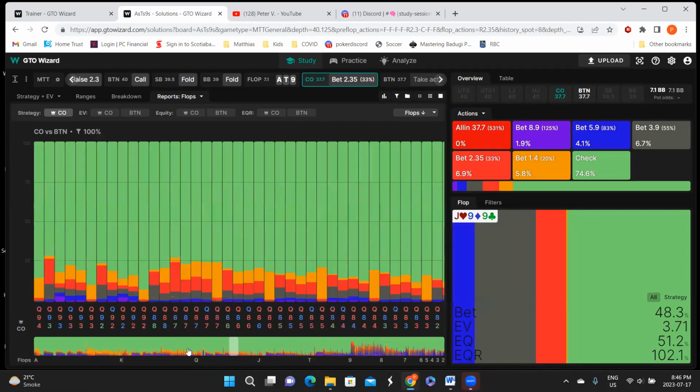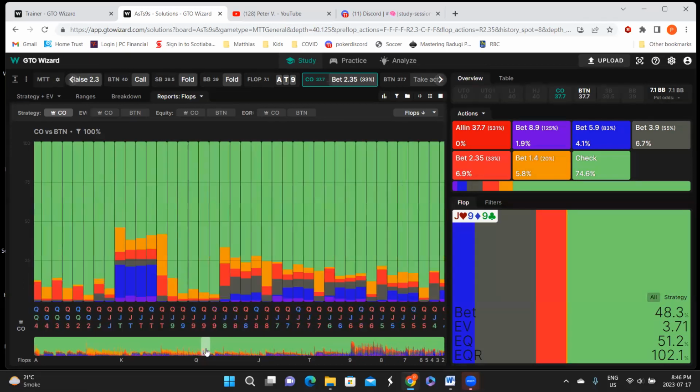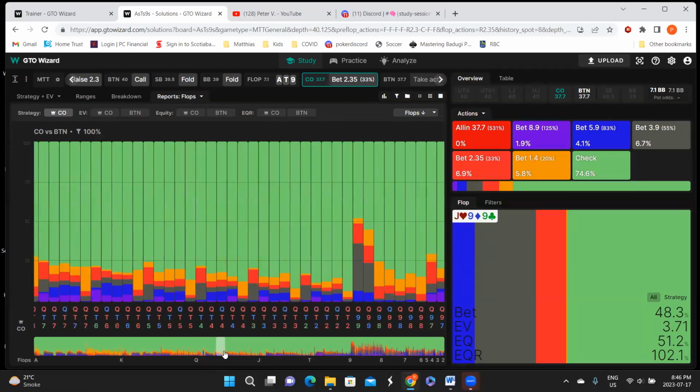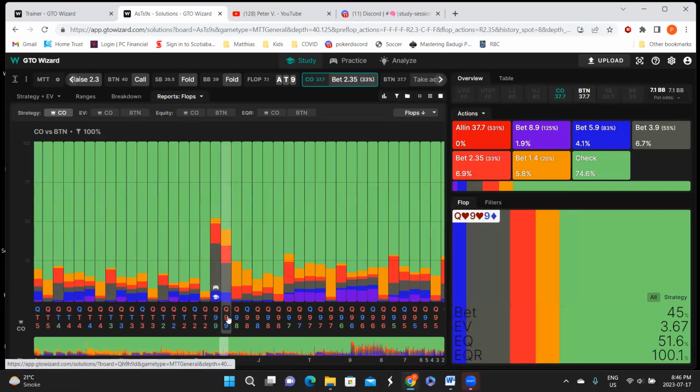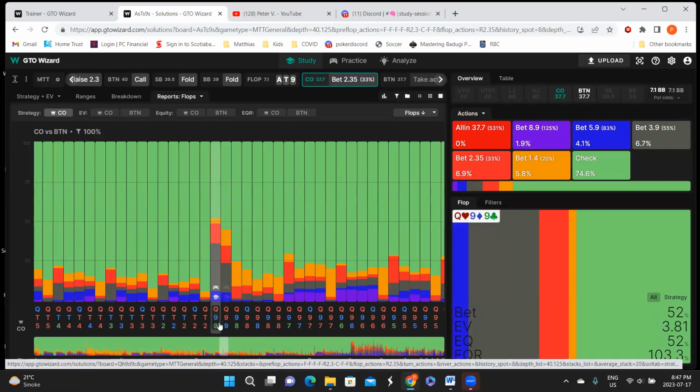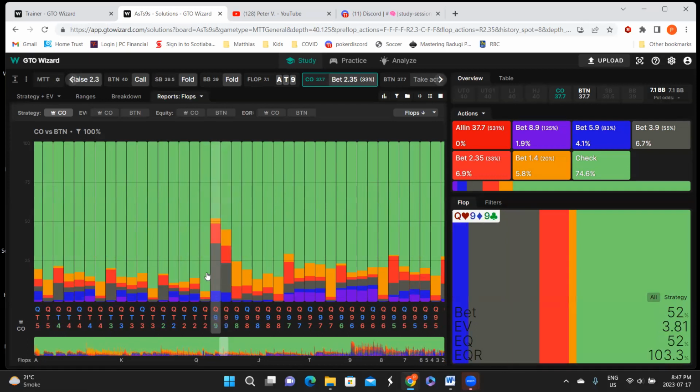So we can see even in the hands where we're looking at the high cards here, this 9 is something in the range that is driving up our bet frequency, and it continues throughout all of these high card flops.